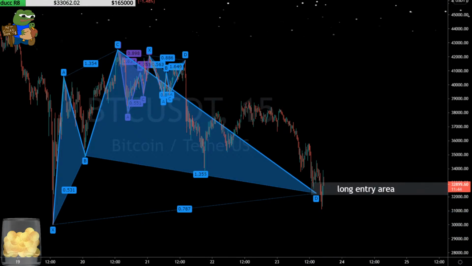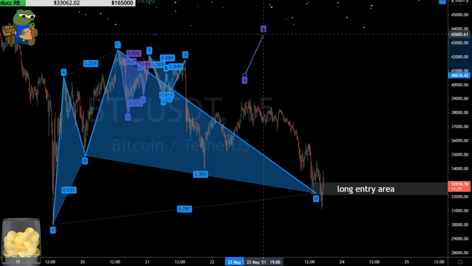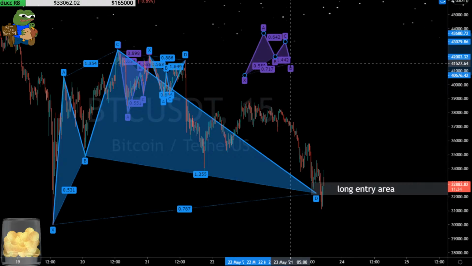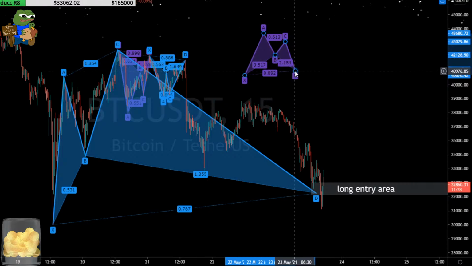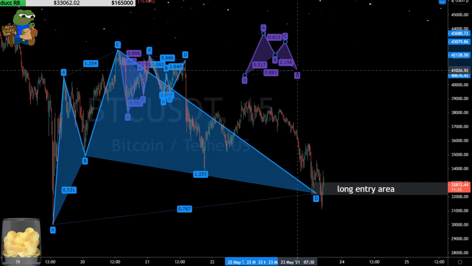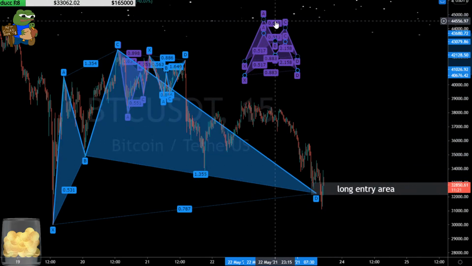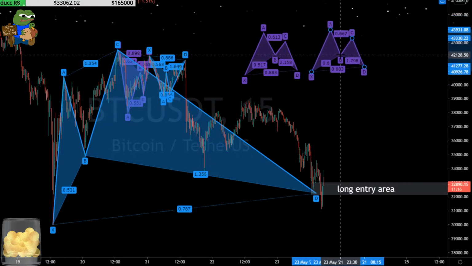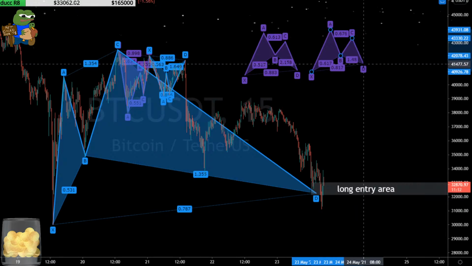Remember, we do this a lot with the bat and the Gartley, where we have a bat that does something like this, where it has a 50% B and then an 886 on the D. Then we take that pattern and change it just slightly, and the B becomes a 618 and the D becomes a 786.